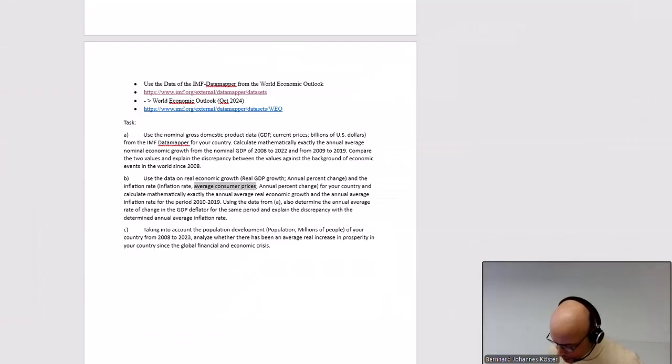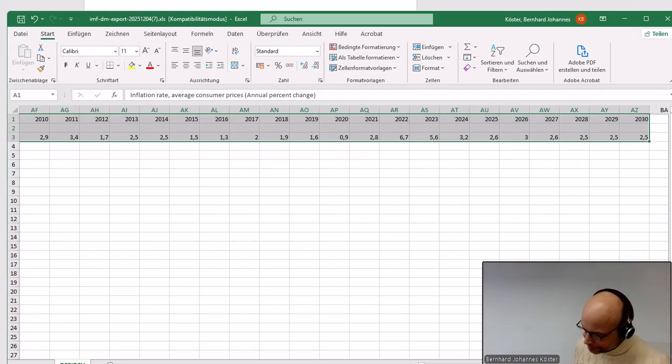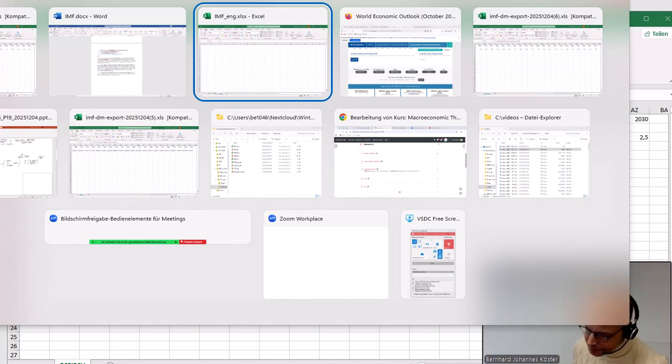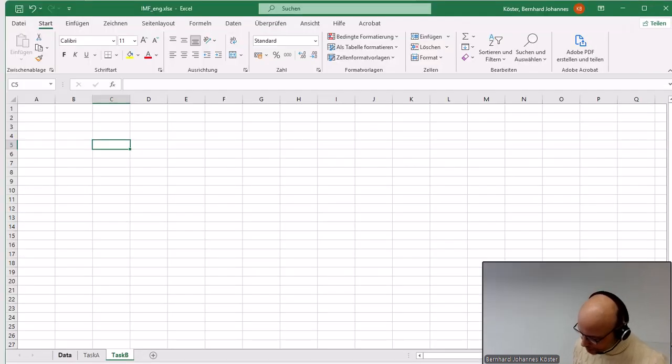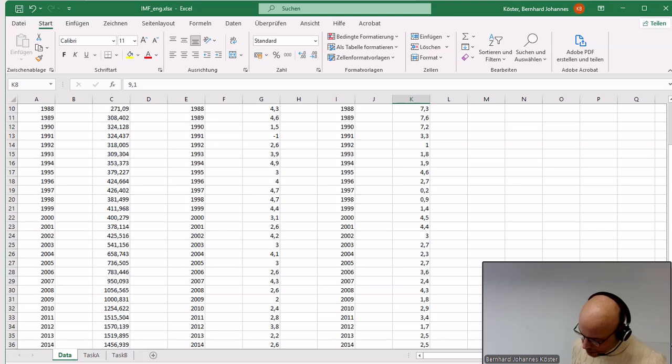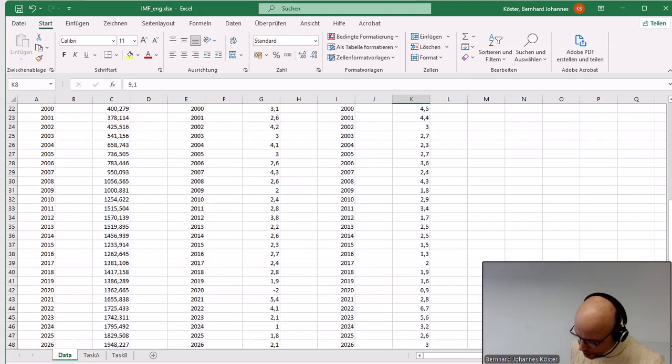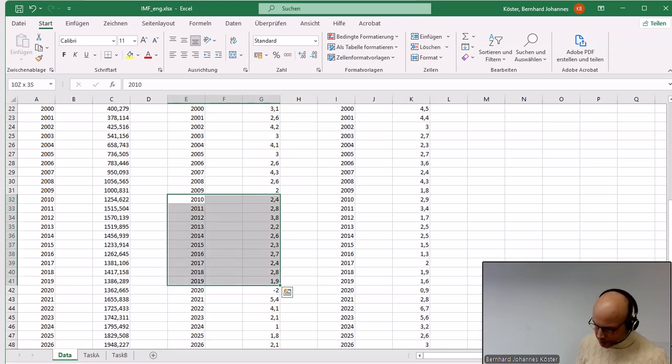So which period? Starting from 2010 to 2019. Okay.